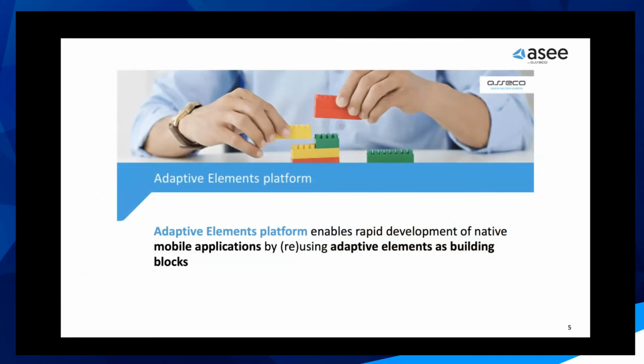So first, I would like to talk about adaptive elements, which is ASEE's main product and the type of application we use and make with our clients. It enables rapid development of native mobile applications by using these adaptive elements as building blocks.